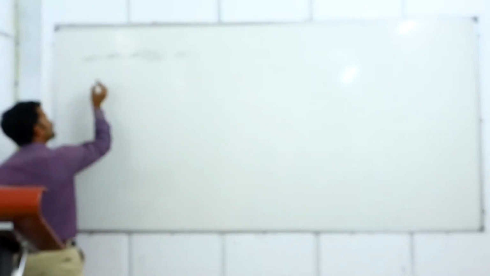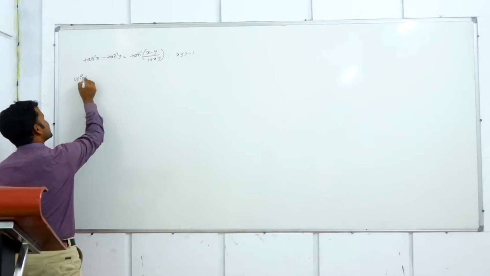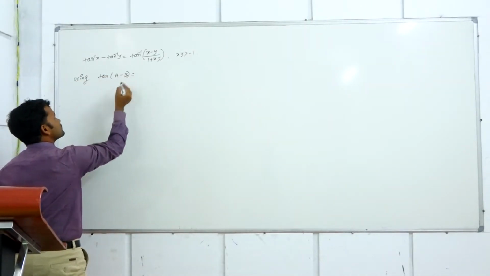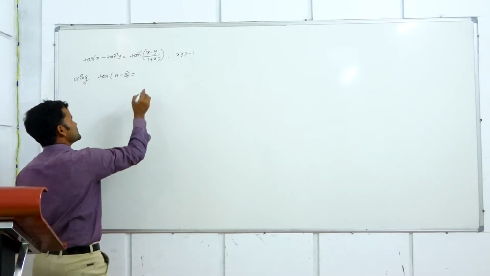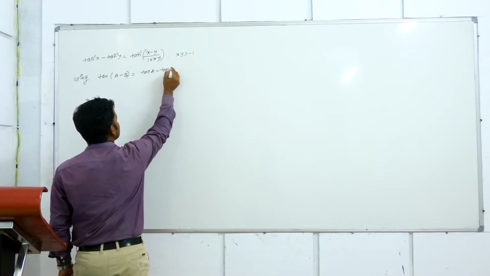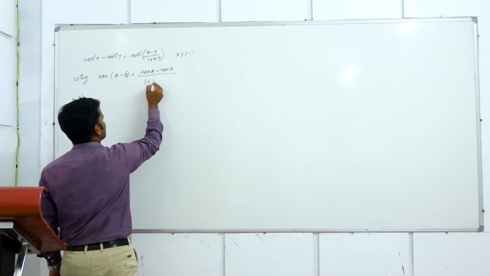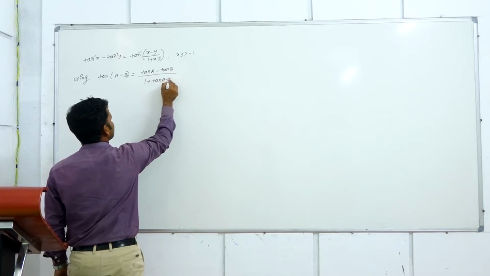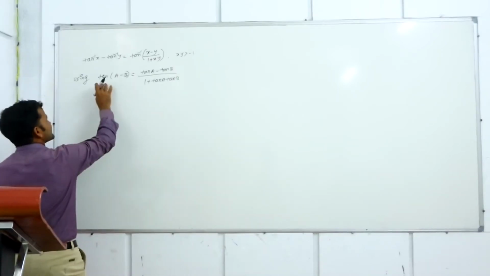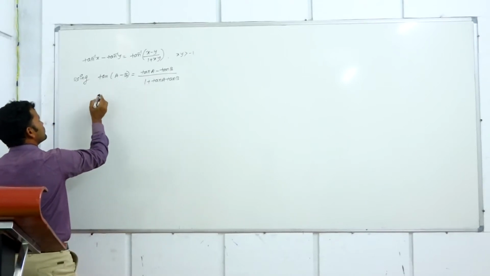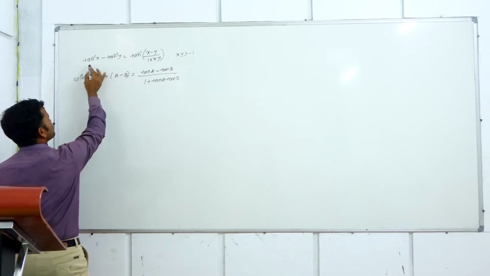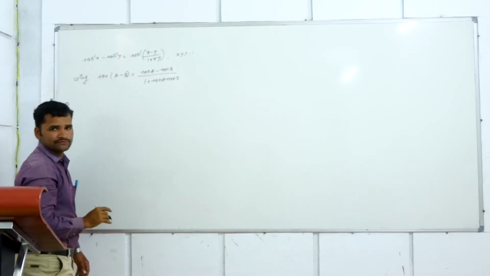To prove, what you do, using first year formula, tan of a minus b is equal to tan a minus tan b divided by 1 plus tan a into tan b. Here, in place of a minus b, we want to have tan inverse of x minus tan inverse of y.